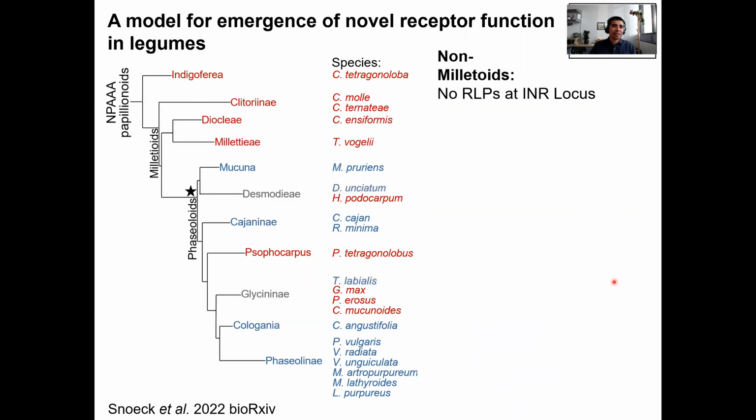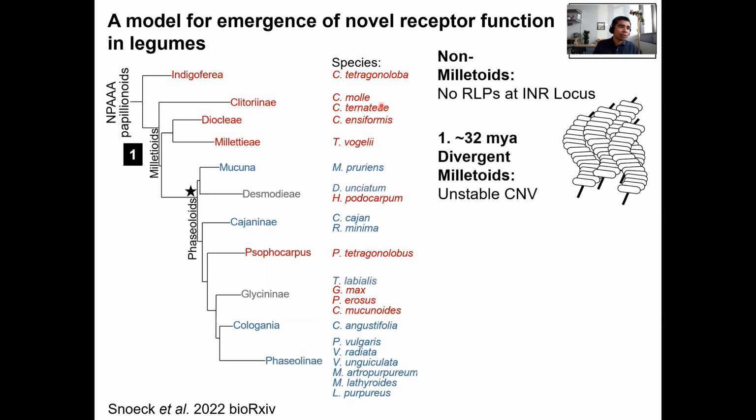And so here's our model at the end of this functional genomics study of how a single PRR acquires a new function over a long period of evolutionary time. In non-militoid species, we don't have any RLPs at the INR locus, but about 32 million years ago, we get an insertion event that leads to unstable copy number variation at the locus.